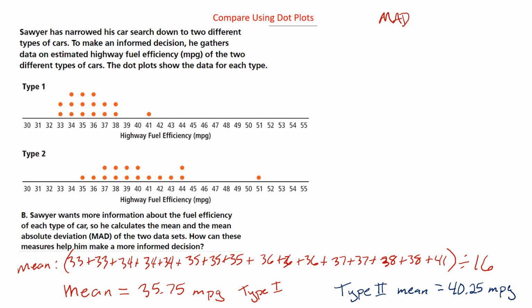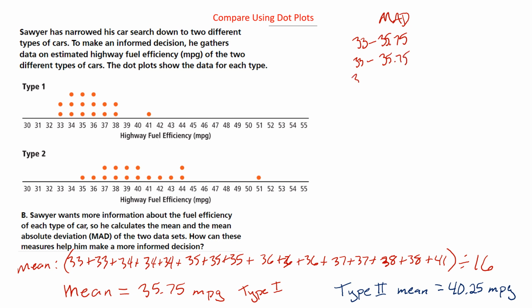To find the MAD, we're going to take each of our values and subtract the mean. So it's going to be the value minus the mean. The first one is 33 minus the mean, 35.75.